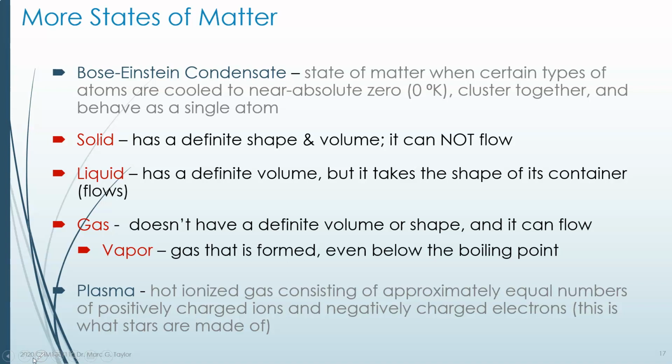And they realized that there might be a form of matter if you cool atoms down to extremely low temperatures, down to what we call absolute zero, the lowest temperature possible. And under these conditions, certain types of atoms will actually cluster together and behave as if they're a single atom.